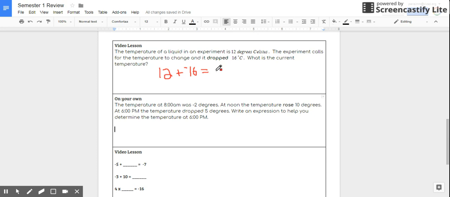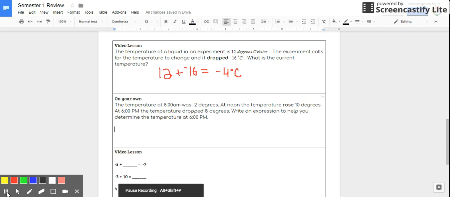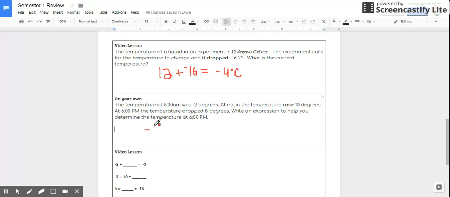Now the next one, I want you to write an expression and then solve. So now that you wrote your expression, we have that it should be -2. So that's our starting point. And then if it's rising, so it rose 10 degrees, so we need to put a +10, and then it dropped 5 degrees, which means we want to add a -5.